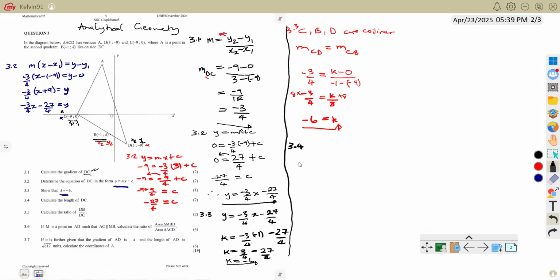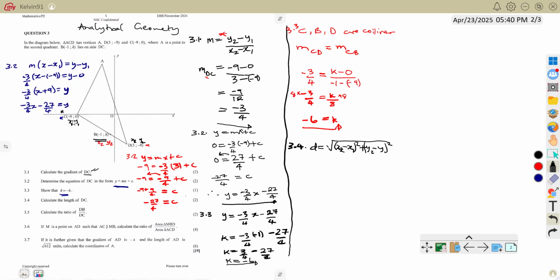So for you to calculate the length of DC, it means we are going to apply the distance formula. Go to your formula sheet. So your distance is equal to the square root of x2 minus x1 squared plus y2 minus y1 squared.